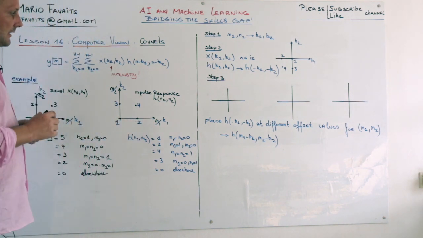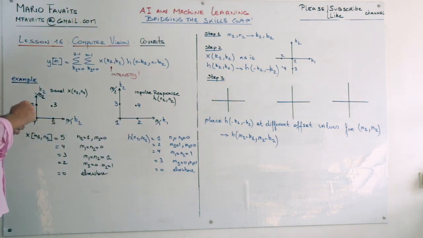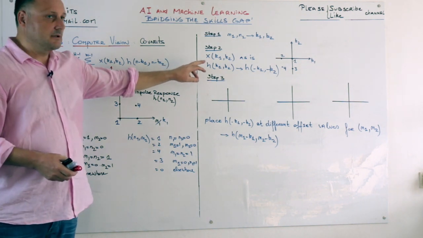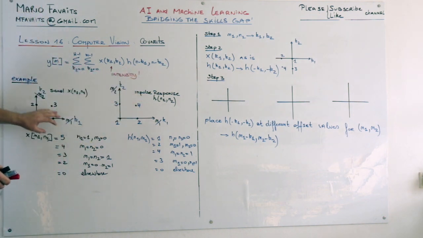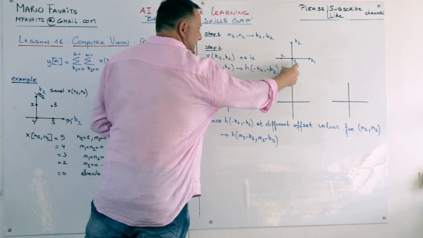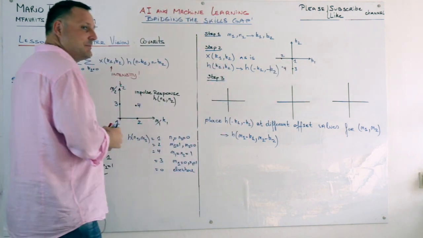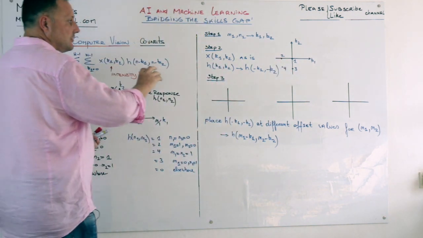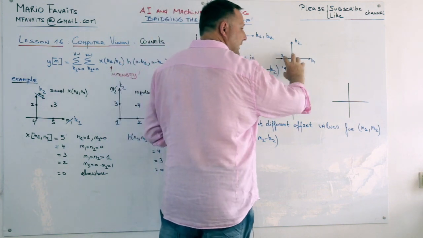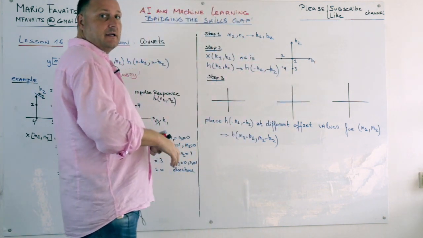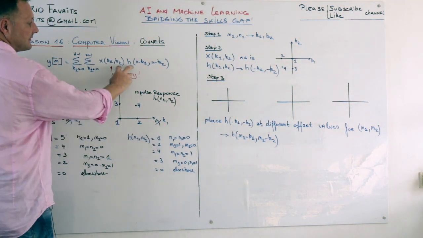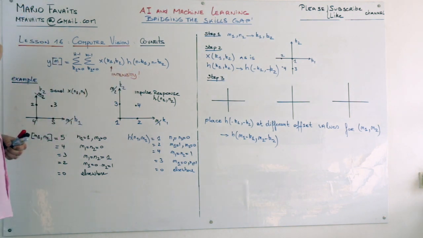Basically, we keep the signal X of k1, k2 as is, and the flipped signal of H, we move from the left to the right, and at each point we calculate this convolution.